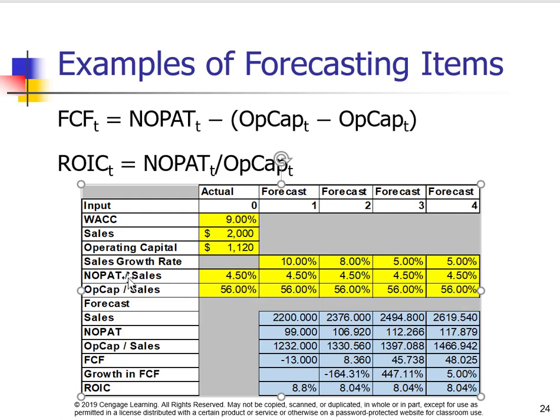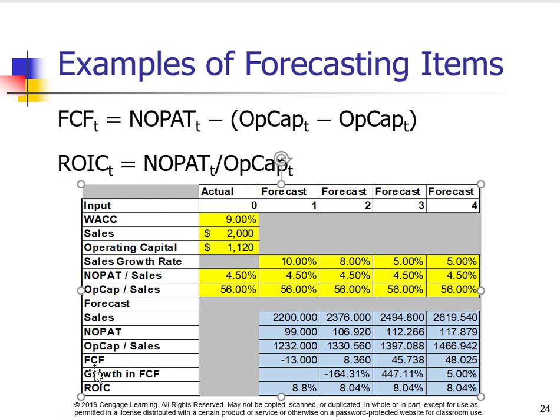For the NOPAT divided by sales and operating capital divided by sales, those are fixed, so they're not going to change. It's just the same number each year. But in case you had some predicted change, you would input that difference of growth here, much like we did with the sales growth. That would obviously be followed in the numbers down below here.